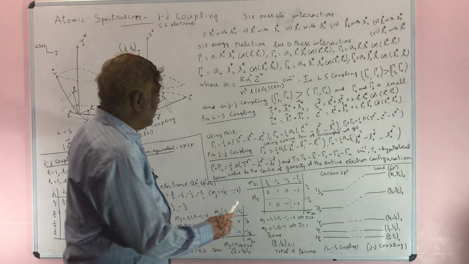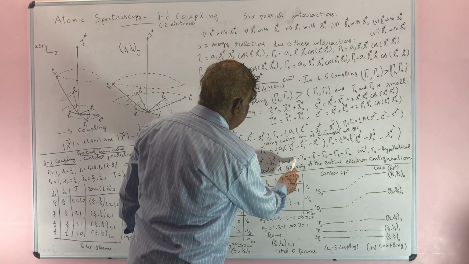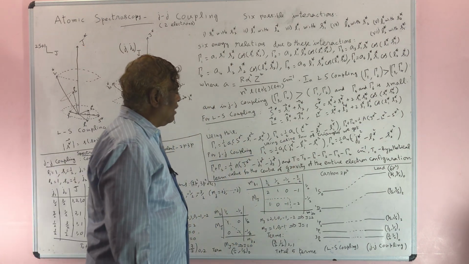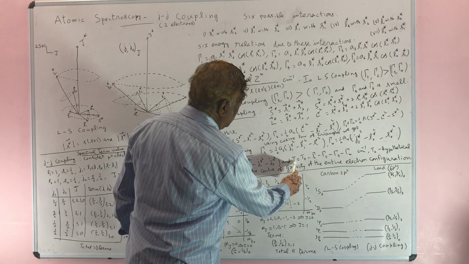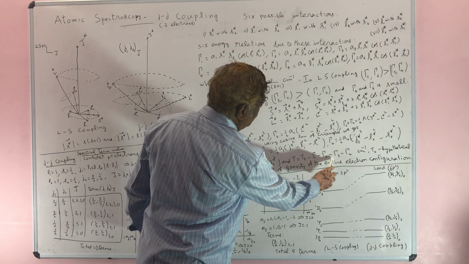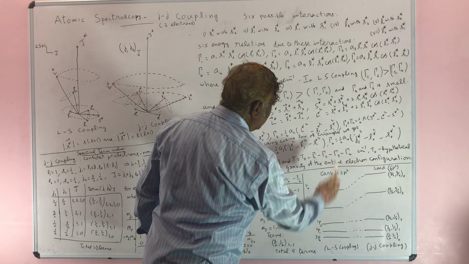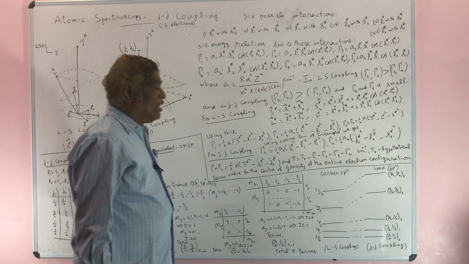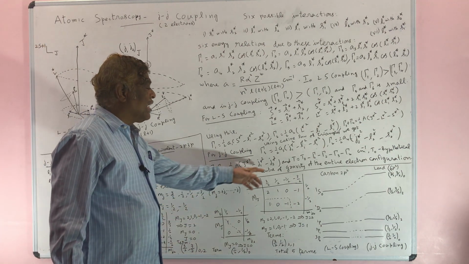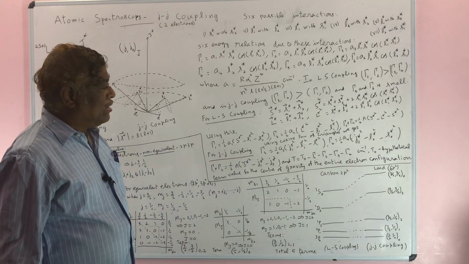Now the term value T of a particular level is given by T0 minus gamma 1 minus gamma 2 minus gamma 3 minus gamma 4 centimeter inverse, where T0 is the hypothetical term value of the center of gravity of the entire electron configuration.